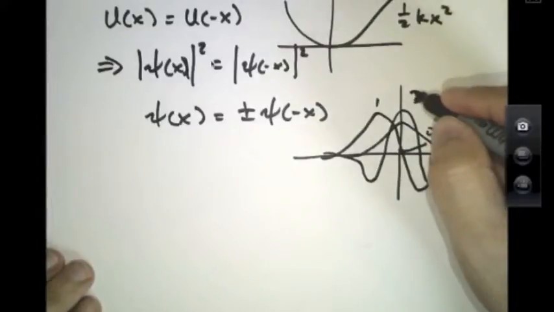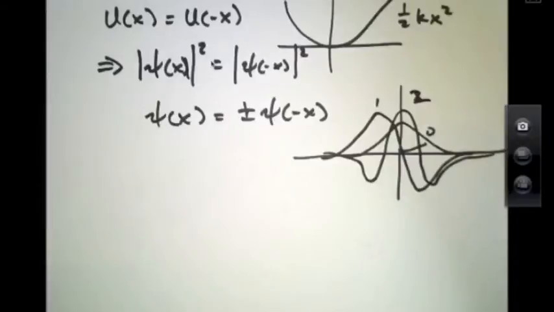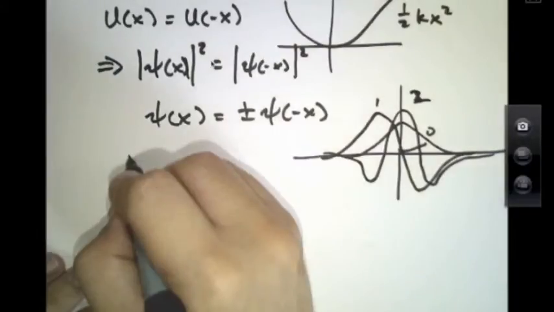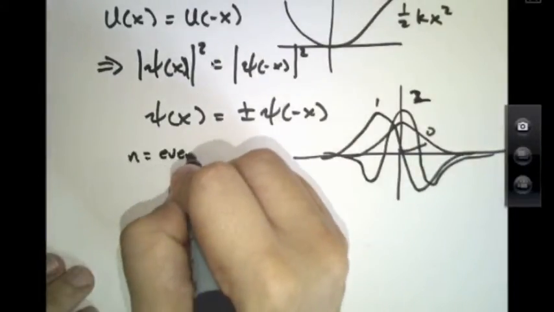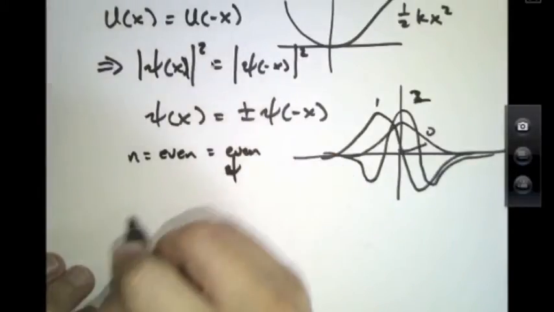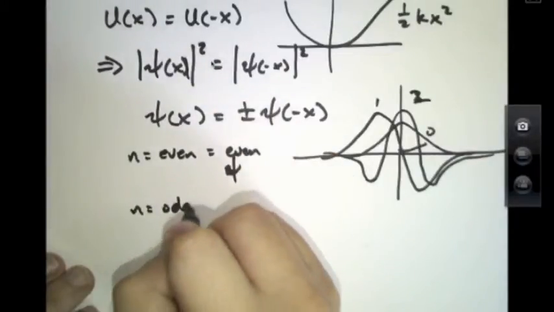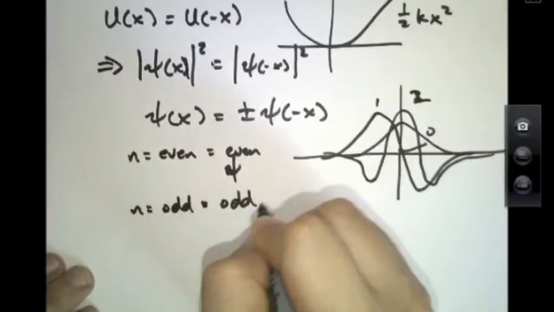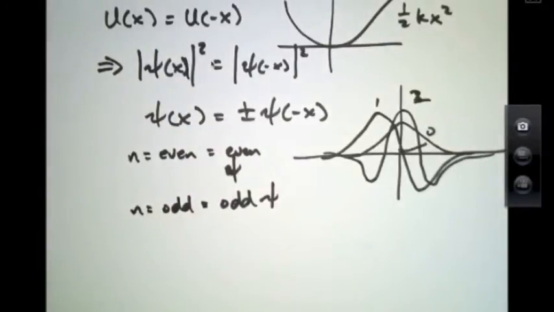Excuse me, that's polynomial 2. And so on. These follow that pattern. Literally, if n is an even integer, then we get an even wave function psi. And if n is an odd integer, then we get an odd wave function psi.